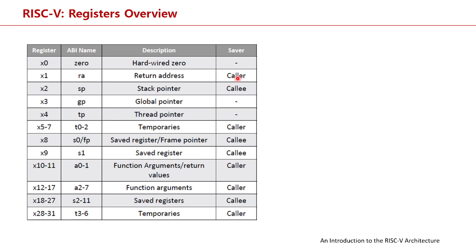We have two ways to specify the general purpose register in the RISC-V architecture. The first one is the architecture name, and the next one is the ABI name. Take for example, X1 is the architecture name of the register, and RA is the ABI name.